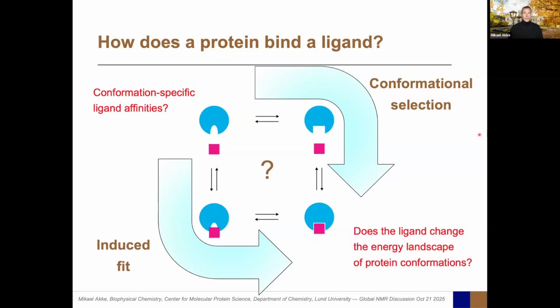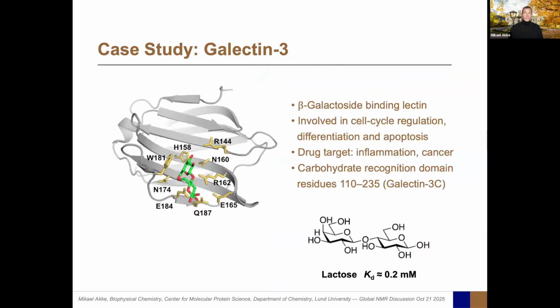So let me introduce the model system that we used. It's a protein we worked on for a long time from many different angles. This is a protein called galectin-3. It belongs to a class of beta-galactoside binding lectins, and it's involved in cell cycle regulation, differentiation, and apoptosis.